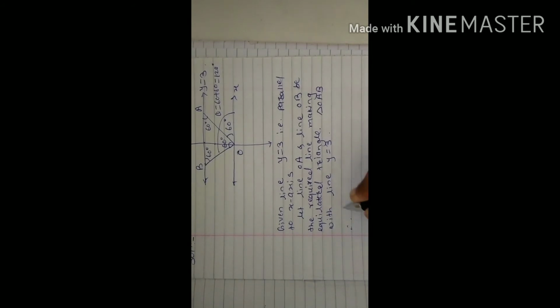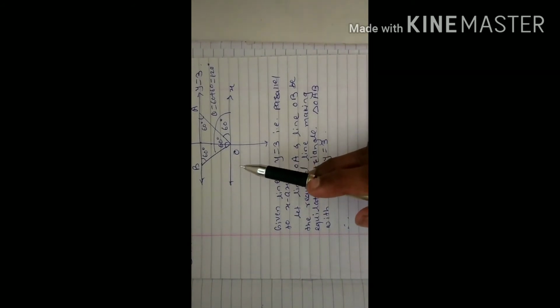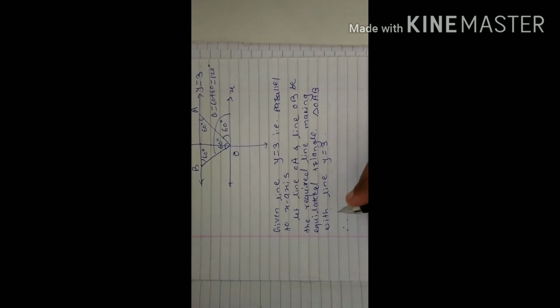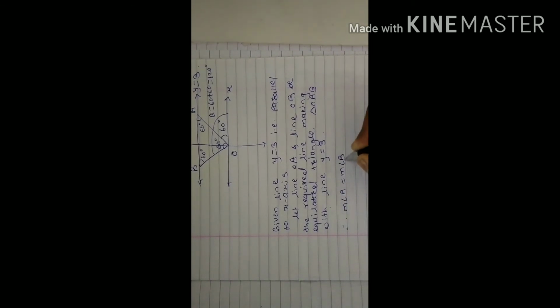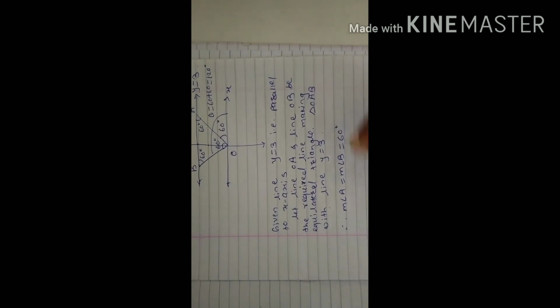Therefore, since it is equilateral, all angles are the same, so angle A is equal to angle B is equal to 60 degree.